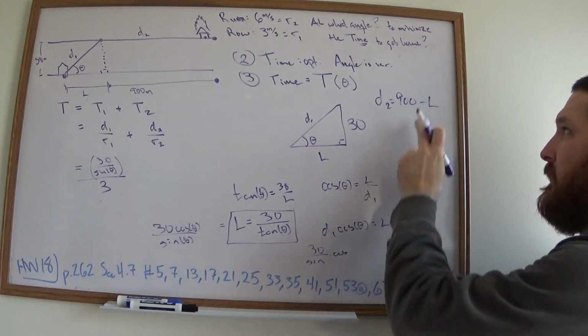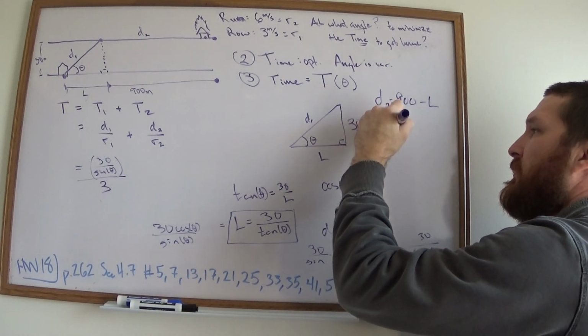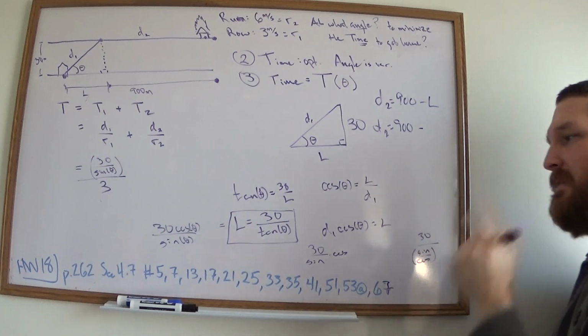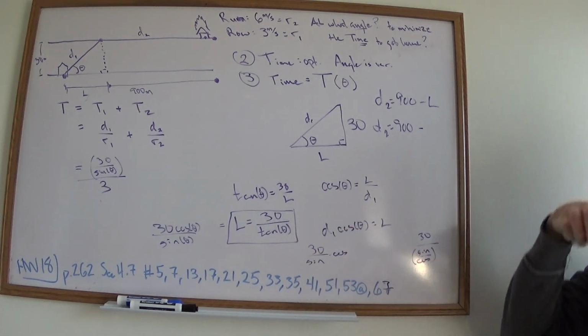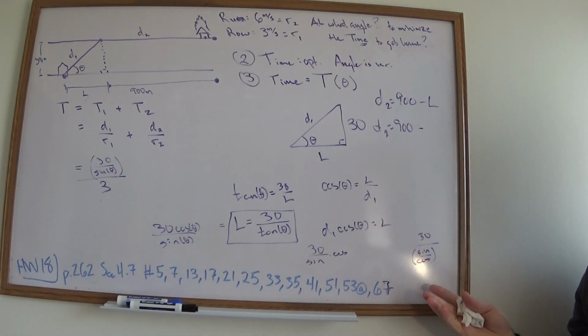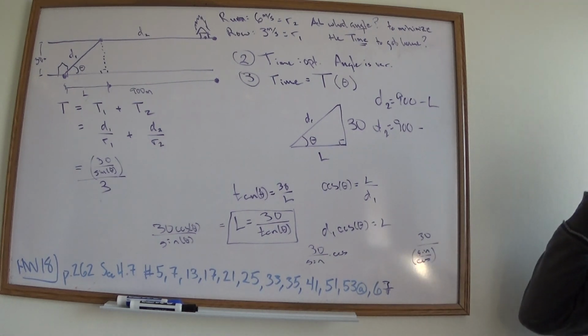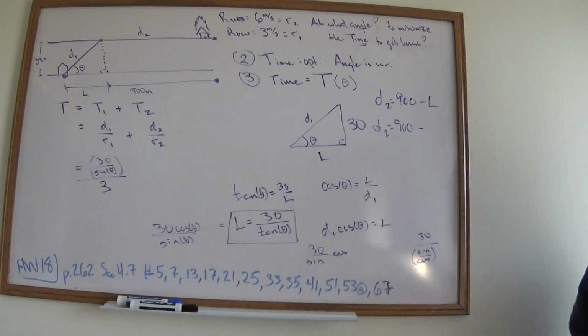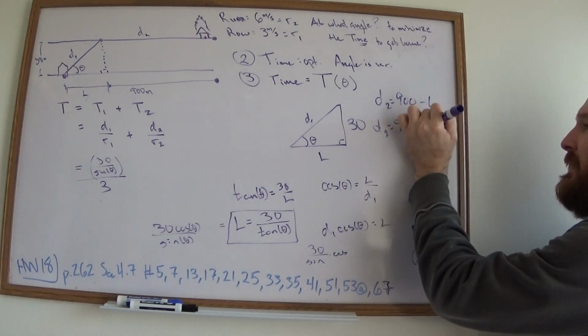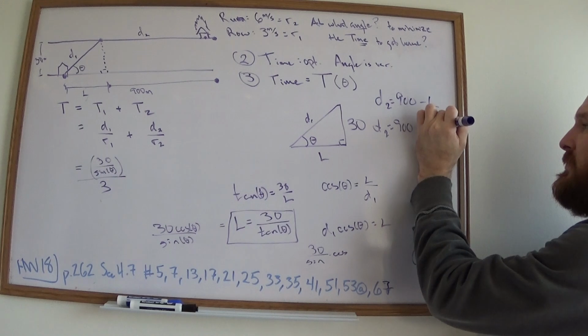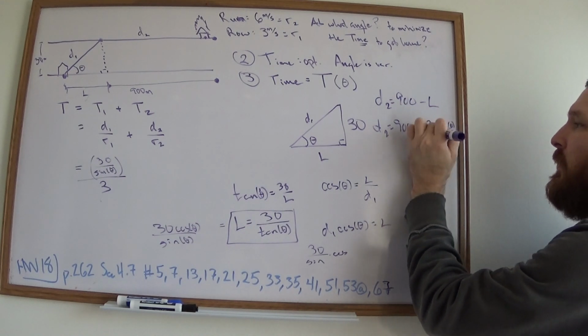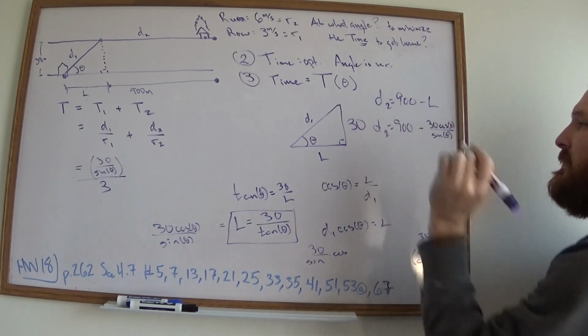into here, so that d2 is 900 minus L, it's almost always easier to get everything in terms of sines and cosines. So I would rewrite that as that anyway, and say that's the same thing as 30 cosine theta over sine theta right there.